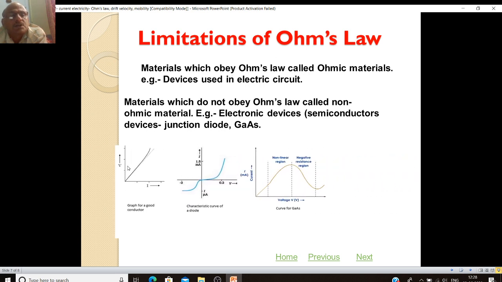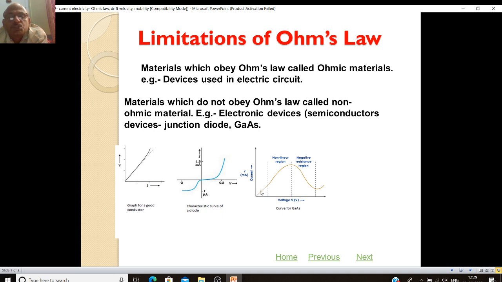Now see this graph. Here in this graph, V and I are directly proportional, so it is for a conductor. Here see, V and I are not proportional. This VI graph is of a diode. In this graph here, it is gallium arsenide.